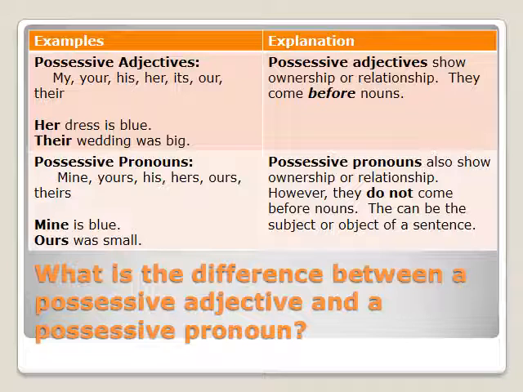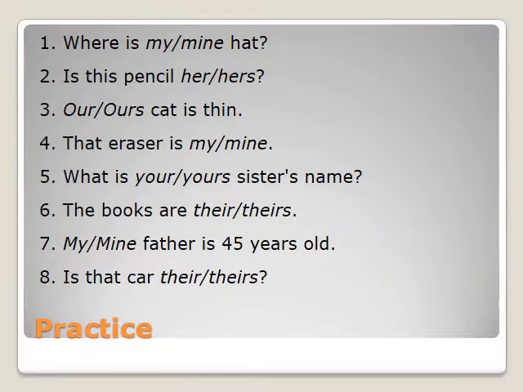So if we look at the example, it says, mine is blue. We don't say mine dress is blue. We say ours was small, not ours wedding was small. So the difference between the two of them is that the possessive adjectives come before nouns and the possessive pronouns do not come before nouns.